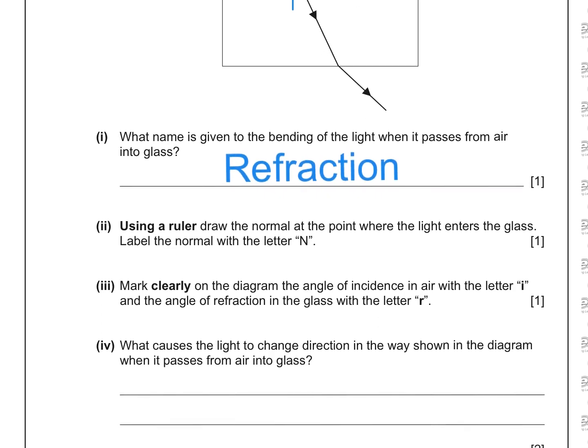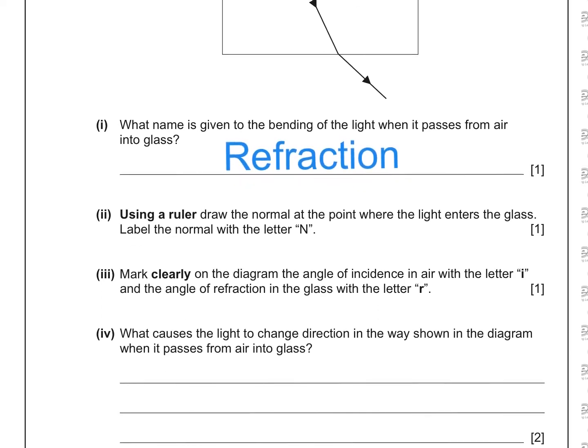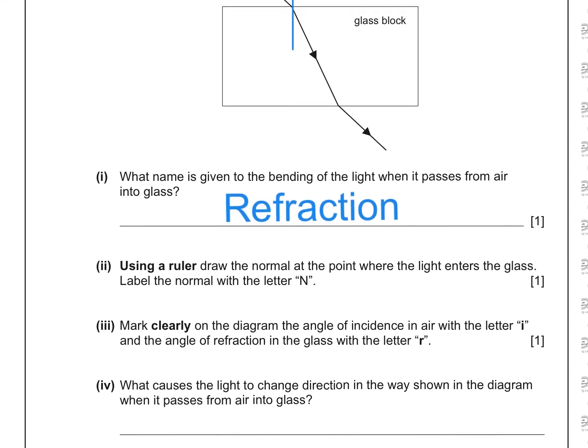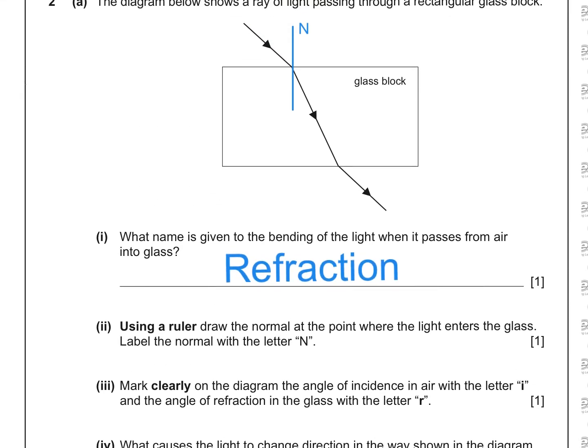Part 3 then, mark clearly on the diagram the angle of incidence in air with the letter I and the angle of refraction in the glass with the letter R. And this is all about measuring angles, and in optics angles are all measured to the normal. That's why we put it on diagrams, because angles are all measured to the normal.